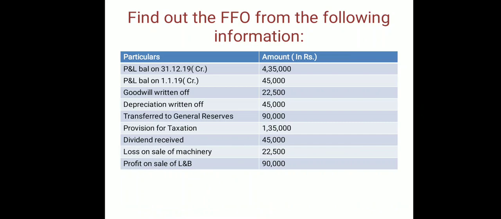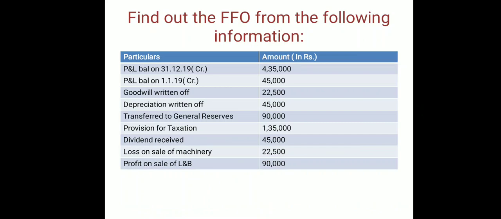Now, provision for taxation. We can treat provision for taxation in two ways. In detail, how to treat the provision for taxation, we will check in further classes. For this class, in short, I am telling you, we can treat provision for taxation as a current liability, or we can treat it as a non-current liability.